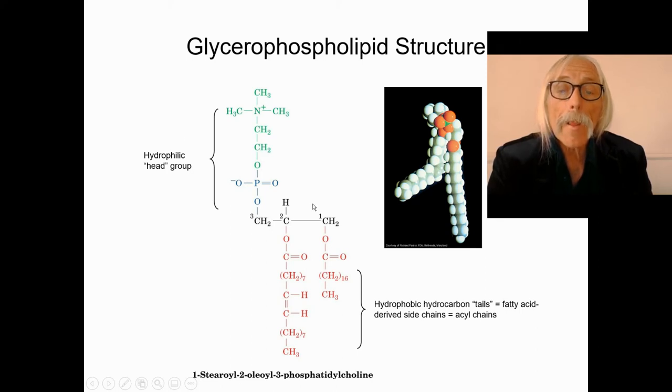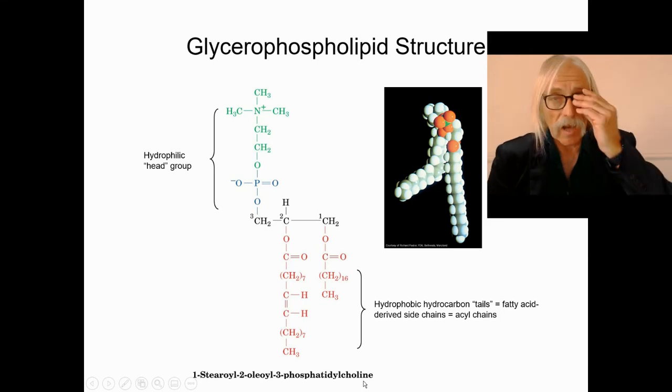That's on the 3rd carbon. Then you've got carbon number 2, which had a hydroxyl, because after all, this starts off as glycerol. Right? So you have an oxygen ester now with that carbonyl, both at the 2 and the 1 position. This particular lipid, as you can see, is a 1-stearoyl, 2-oleoyl, 3-phosphatidylcholine.